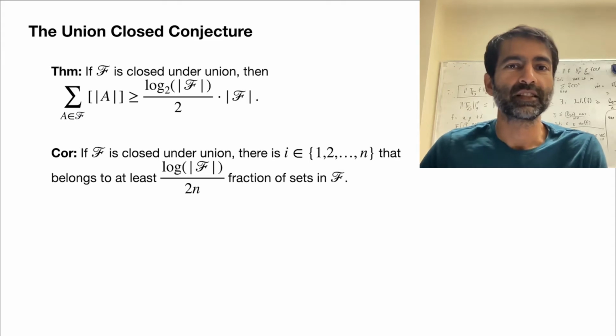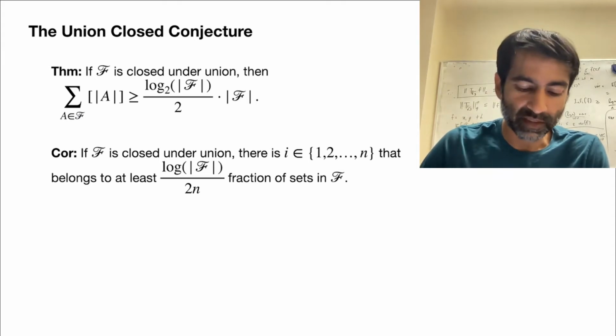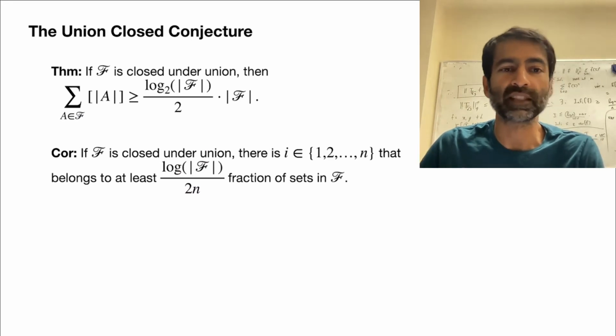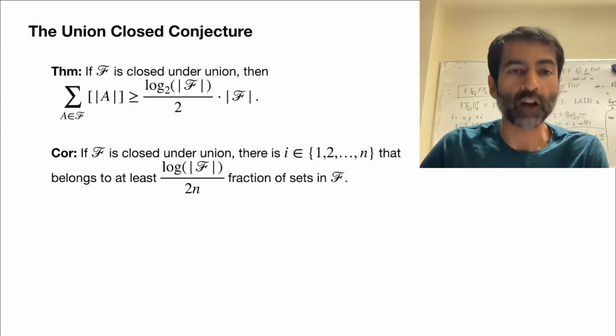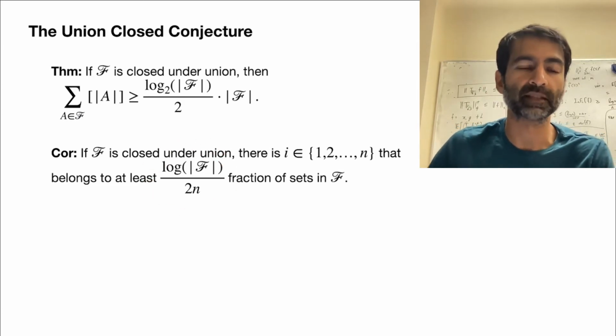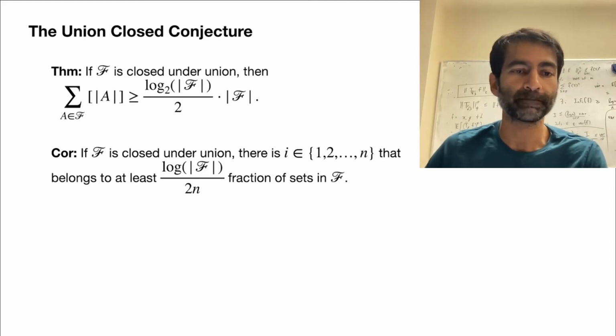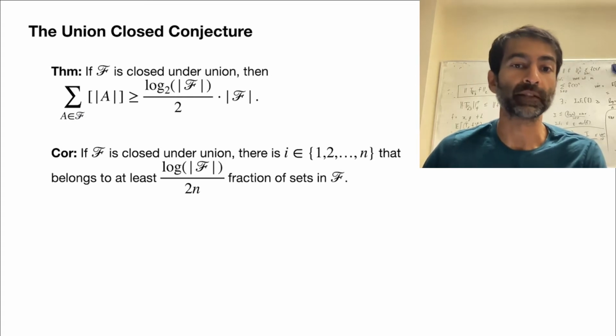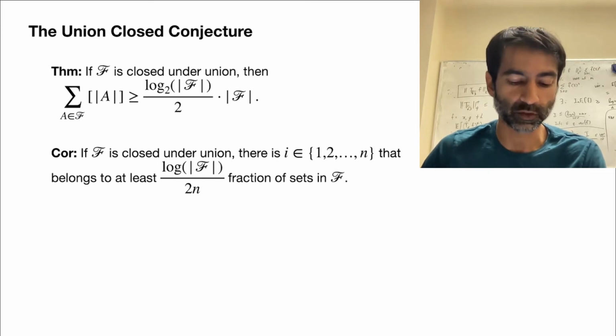So in particular, if the number of sets in the family is exponentially large, let's say 2 to the n over 10, then this would say that a constant fraction of the sets in the family must contain some element. So it gives a strong result for a very large family of sets that's closed under union.